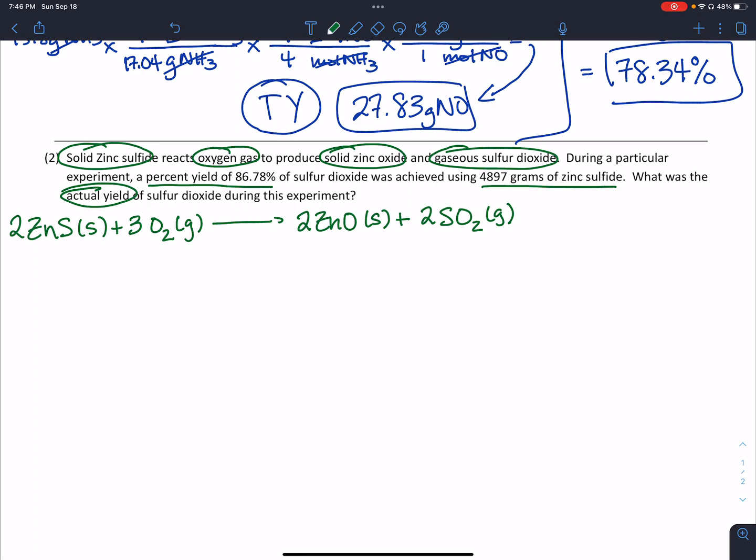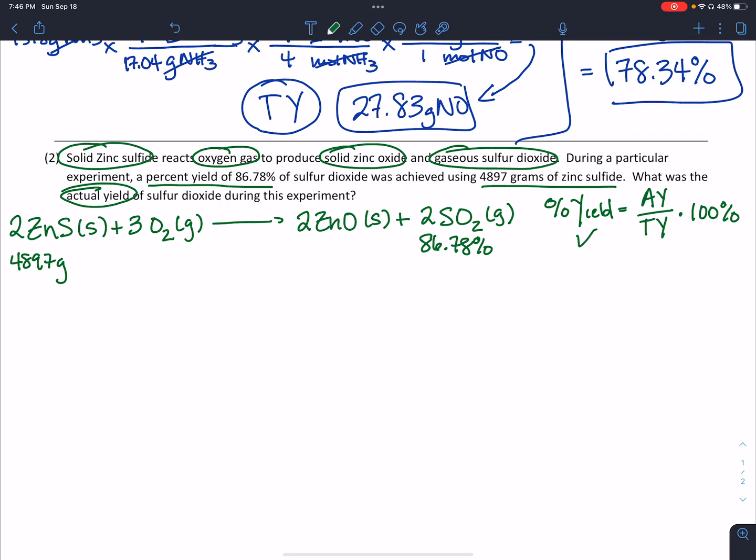So here's what we know. We started with 4,897 grams of that zinc sulfide, and at the end of the reaction, we had produced a percent yield of 86.78% of that sulfur dioxide. We remember that percent yield is equal to our actual yield divided by our theoretical yield times 100%.